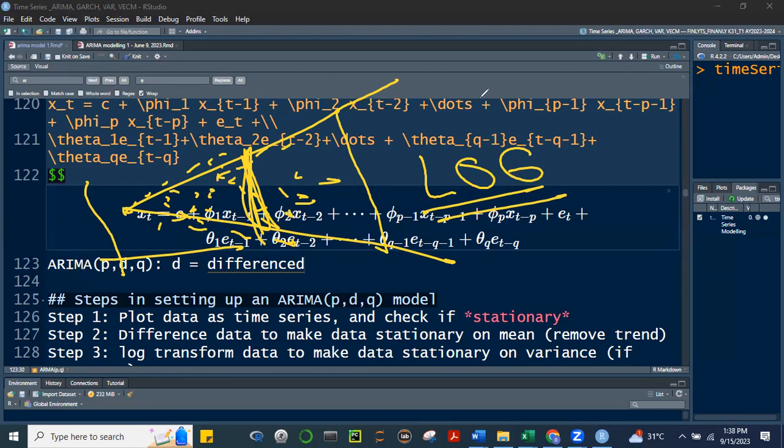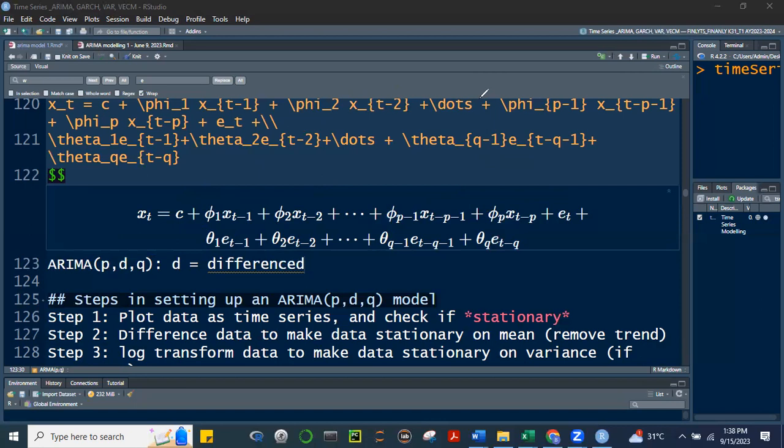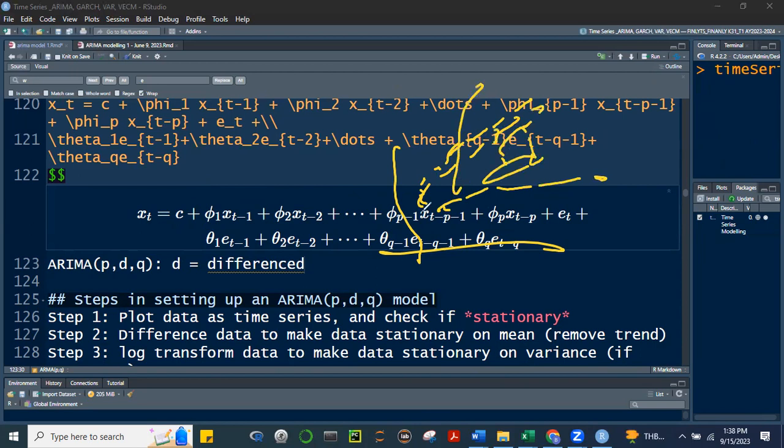Now what happens, class, if your data has trend, and the variance is also not constant? Suppose it's moving this way. It's trending up, and then the variance is not constant.